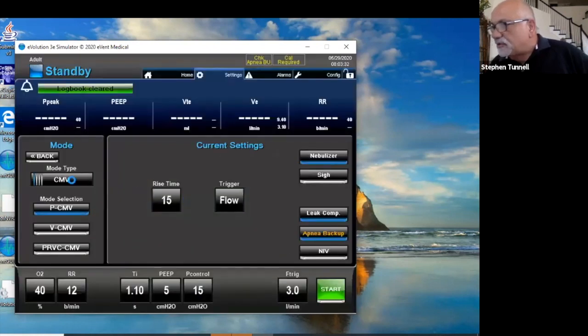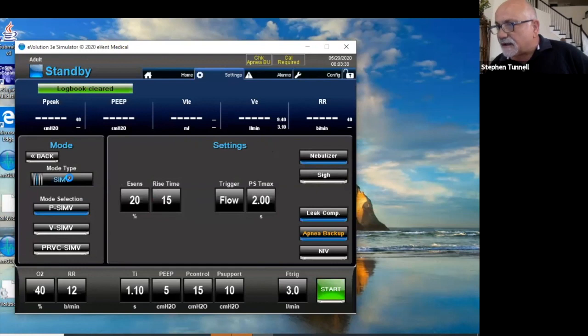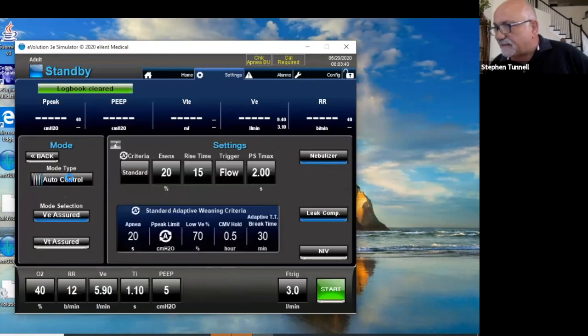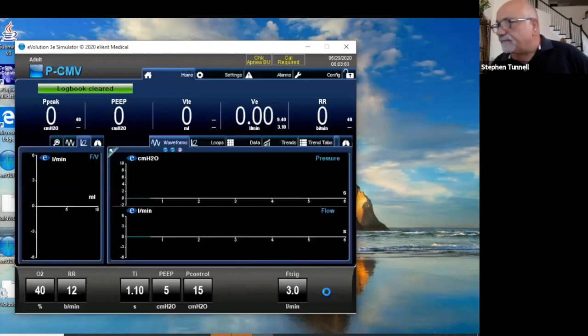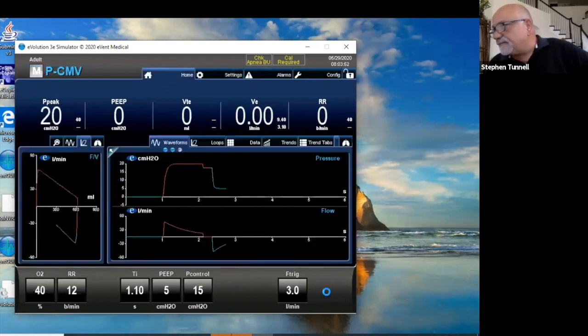and you choose your mode. And here are the mode types. You have CMV, SIMV, spontaneous breathing. You have the auto control, but we'll just use CMV right now, and we'll use pressure ventilation, and we'll say go. And the ventilator starts.